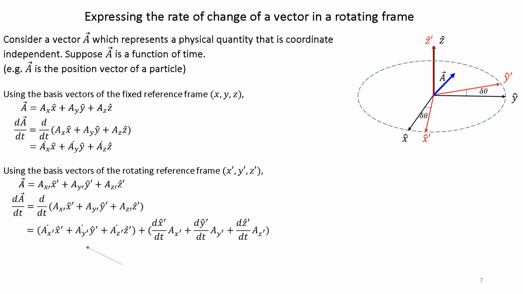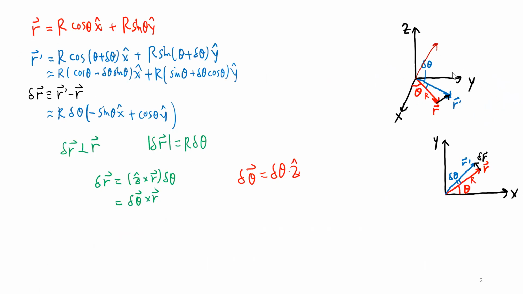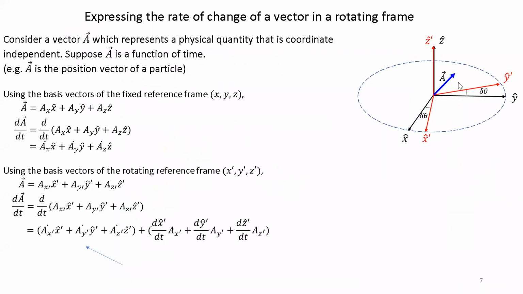Previously, when I was talking about the R vector, I told you that the time dependence of the R vector is purely due to the rotation. But here, the A vector can be arbitrary.